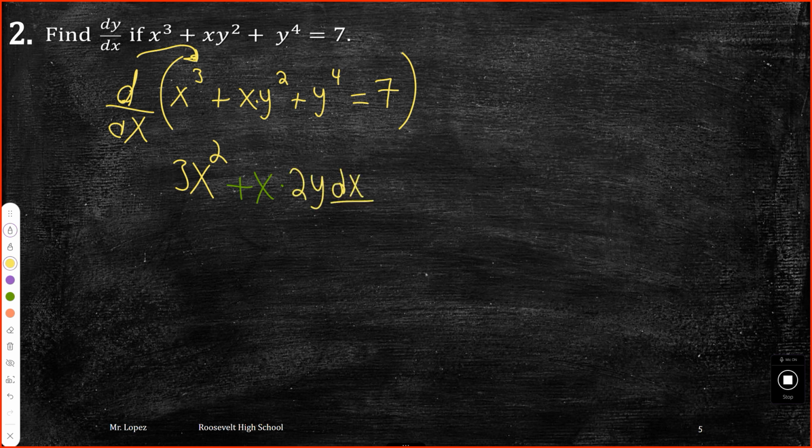Yes, that's the main lesson for today, to remember this dy/dx. The first times the derivative of the second plus the second times the derivative of the first, which is just 1, isn't it? Let me just write it.